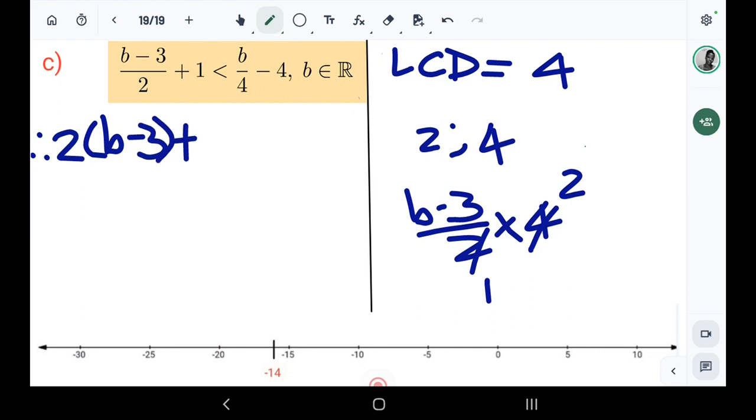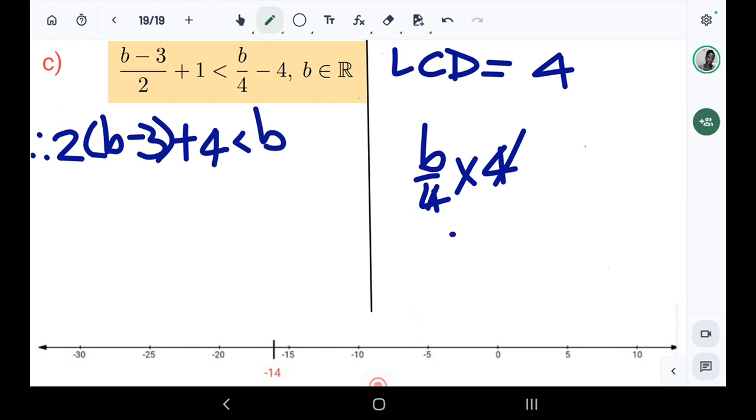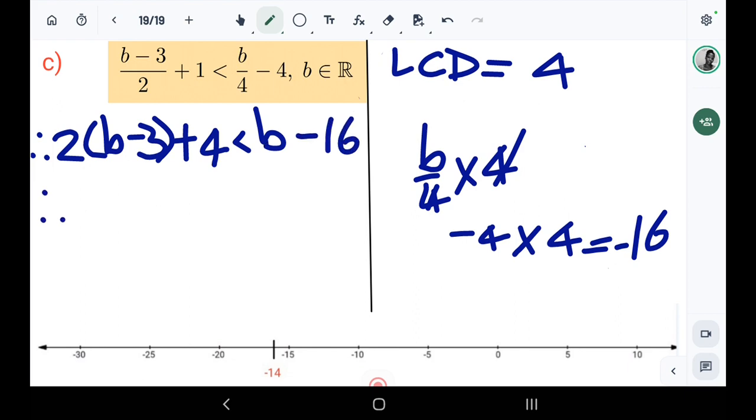plus 1 times 4 is 4. It's less than b over 4 multiplied by 4. The 4's cancel out and you're left with b minus 4 multiplied by 4, that is negative 16. So that gives you negative 16. Now you expand, so that becomes 2b minus 6 plus 4 is less than b minus 16.